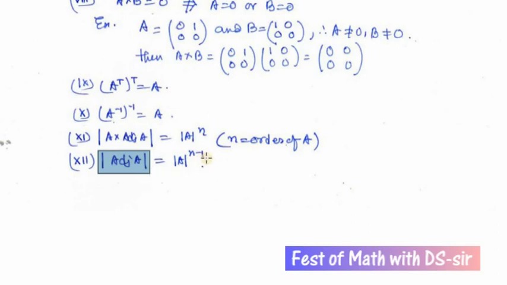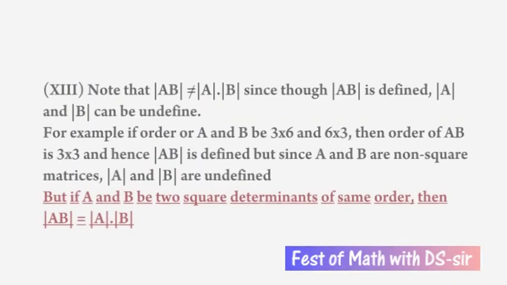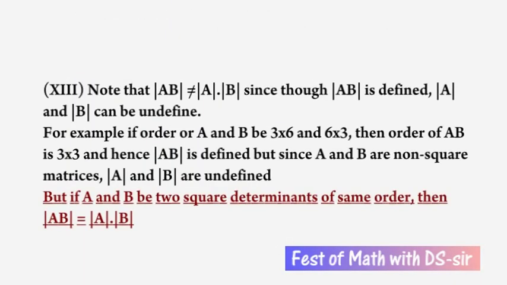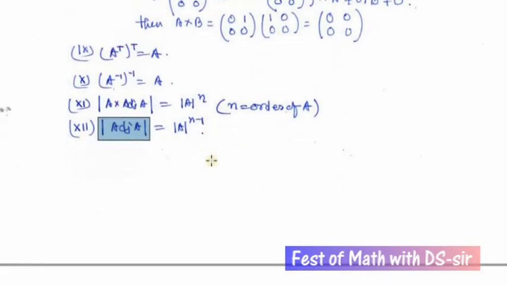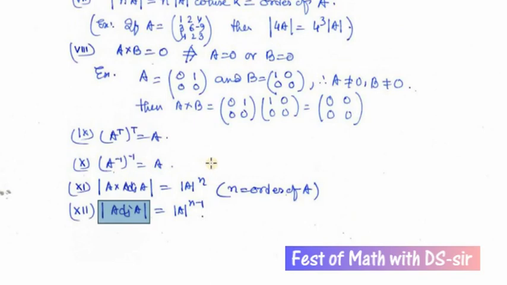What is the value of det of adjoint A? It is det A to the power n minus 1. So these are the important properties of matrices.